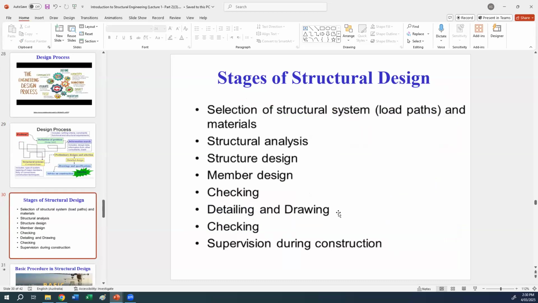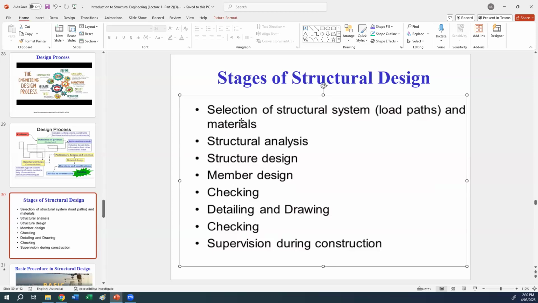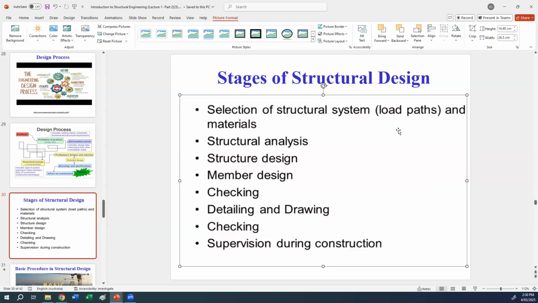So what are the stages of the structure design process? The first step is selection of the structure system, which includes the lateral load path and the gravitational load path, so that you can find a specific path of the load from the top of the structure, for example the roof sheeting, until reaching the ground.